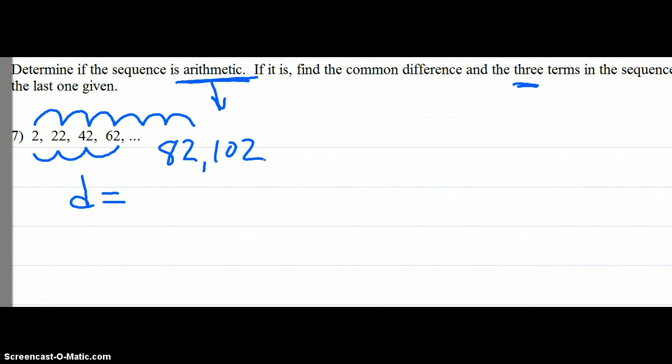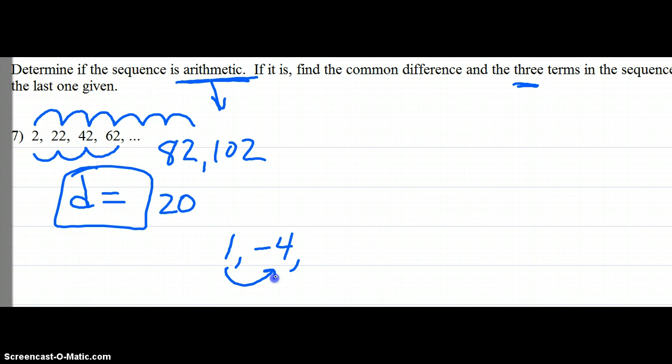If they ask you what is the common difference, the common difference is what they differ by. And again, this can be a sequence that goes up, or it can actually be a sequence that goes down. So if I went from 1 to -4, I'd go down by 5, and my common difference would equal -5.